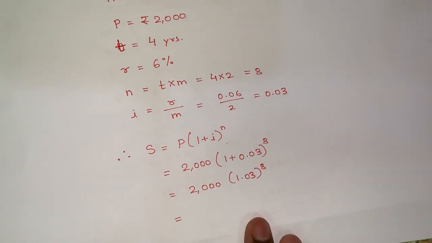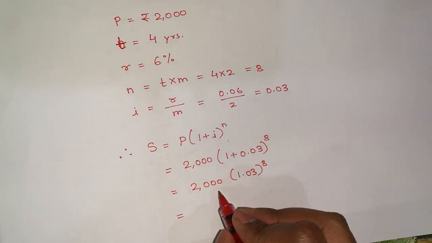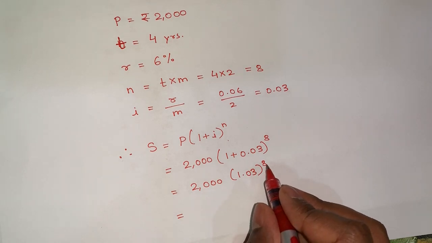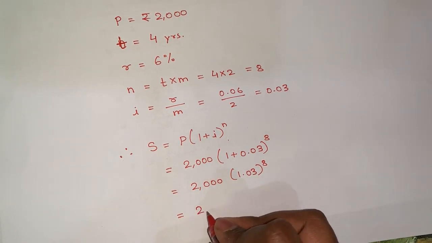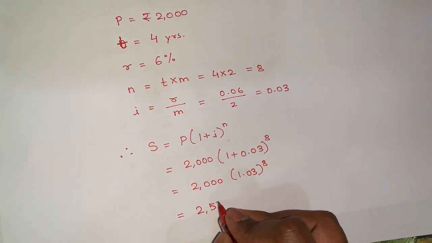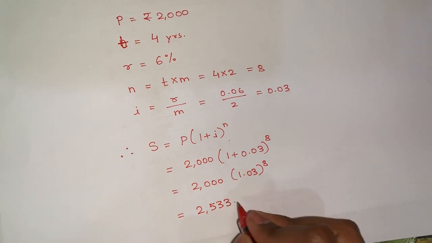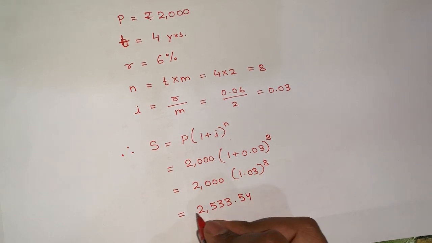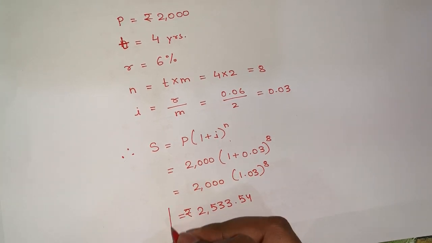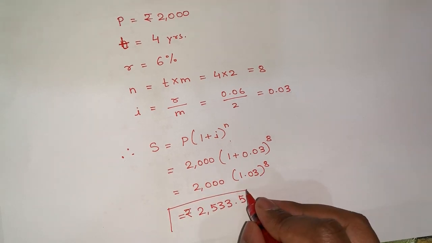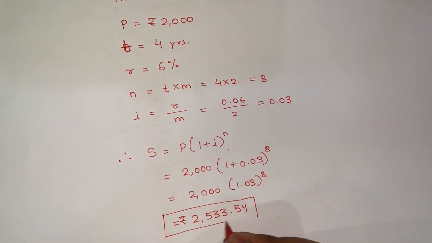After solving, we get 2533.54. Hence this is the amount if interest is compounded semi-annually.